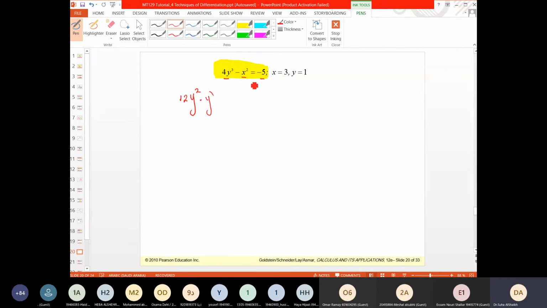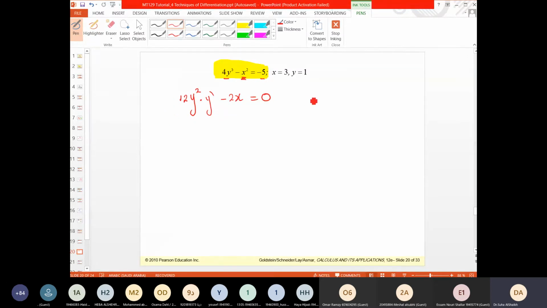That's correct. Now, what's the derivative of x squared? It will be 2x, without multiplying by y dash in this case because it's x. What's the derivative of minus 5? It's a constant. This equals 0. So this will be the derivative.